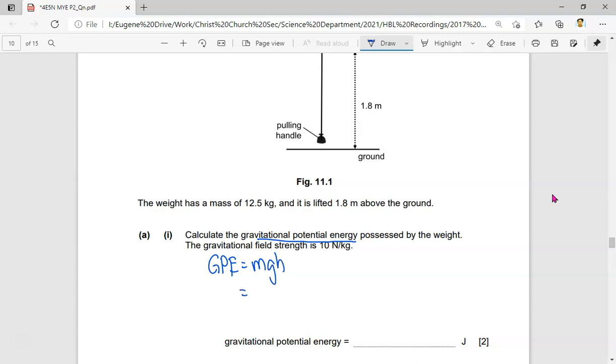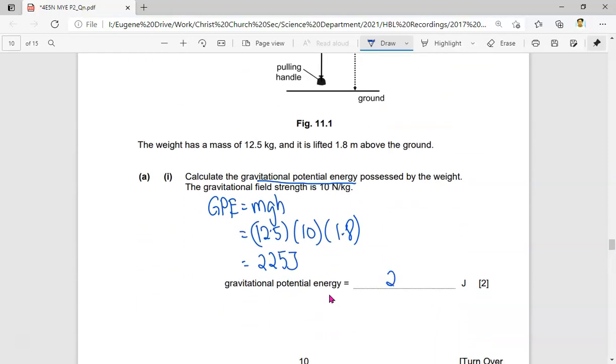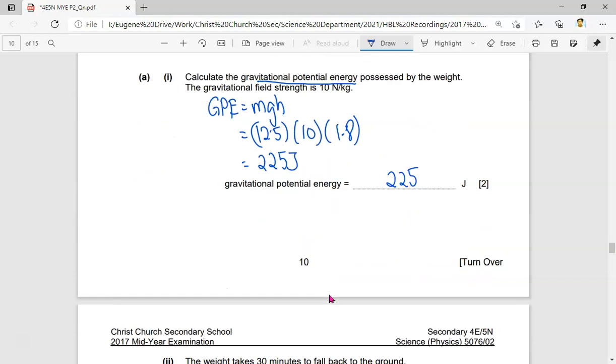So m stands for mass, which is 12.5. g is given in the question, 10 Newton per kg, that's the gravitational field strength. The height is 1.8. So what you're going to get here is 225 joules. So the first question, 11A part 1, the amount of gravitational potential energy is 225.